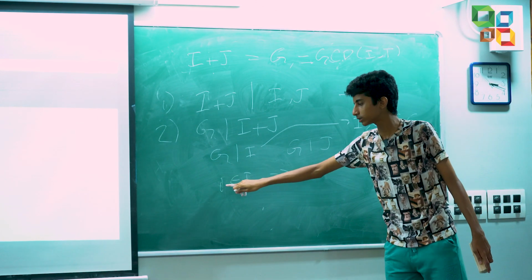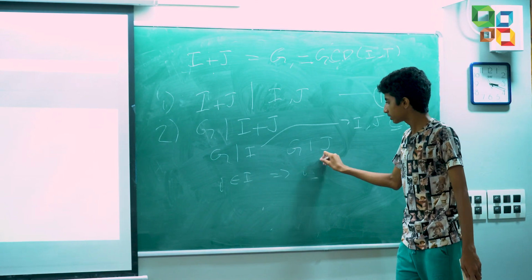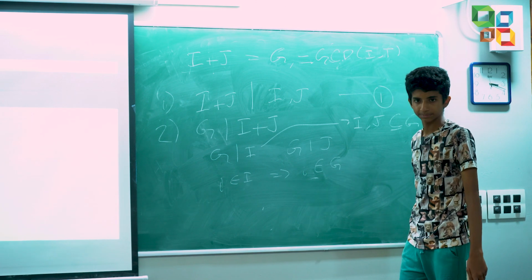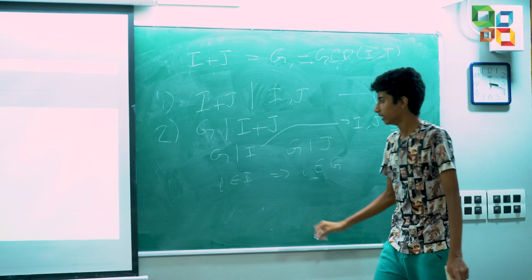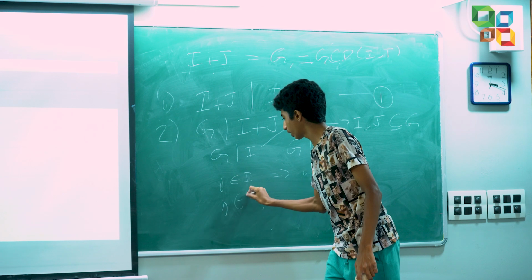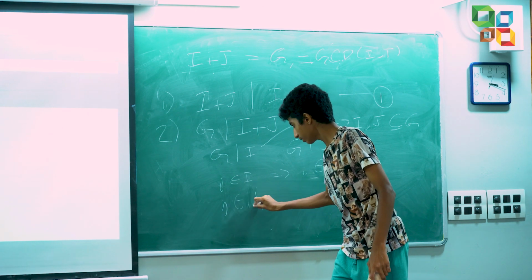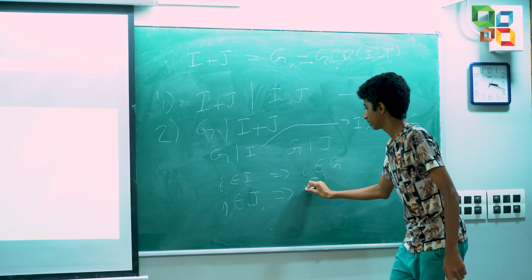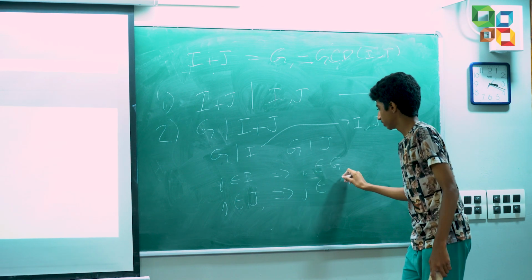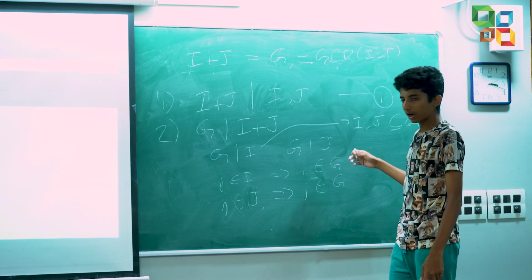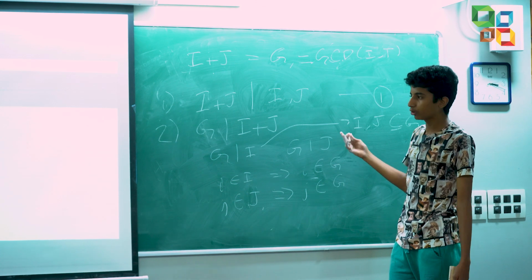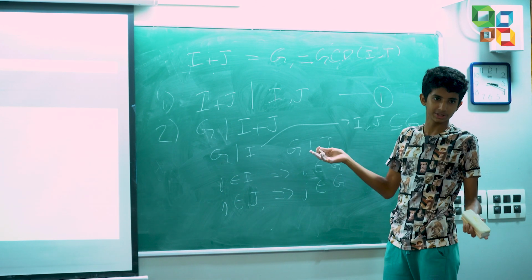Now you take small I belonging to I, that means small I belongs to G as well, right? For any element of I. Similarly, small J belongs to J implies small J belongs to G. Now G is an ideal. What do you know about ideals? Closed under addition.